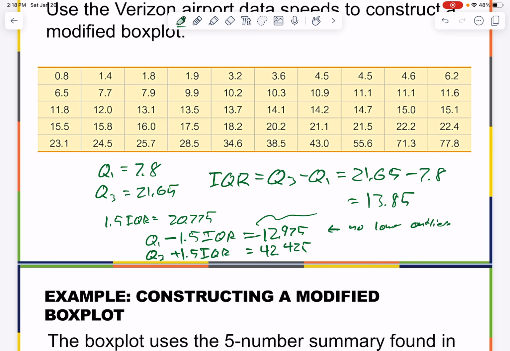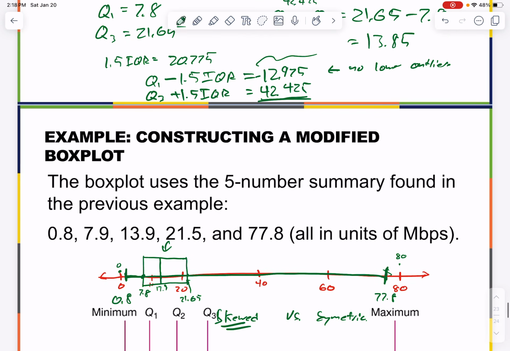Yes, there are actually 4 upper outliers, because this is the outlier cutoff here, 42.425. So there are 4 outliers: 43, 55.6, 71.3, and 77.8.